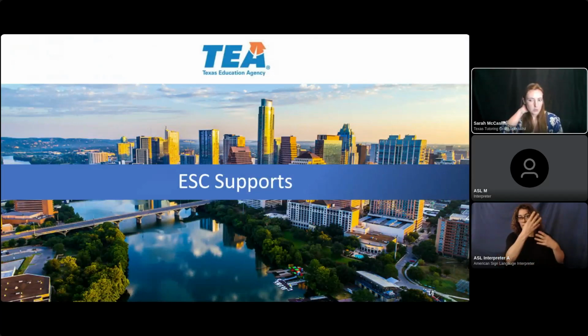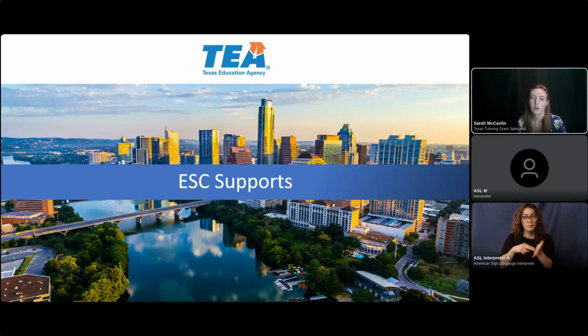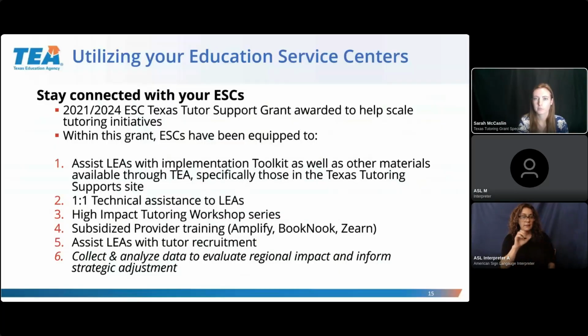And then lastly, I just wanted to take 5 or 6 minutes or so and talk about the ESC level supports that are available to you guys through the corresponding ESC Texas Tutoring Support Grant. So as I mentioned earlier, when we talk about best practice for spending grant dollars, staying connected with your ESC is essential.